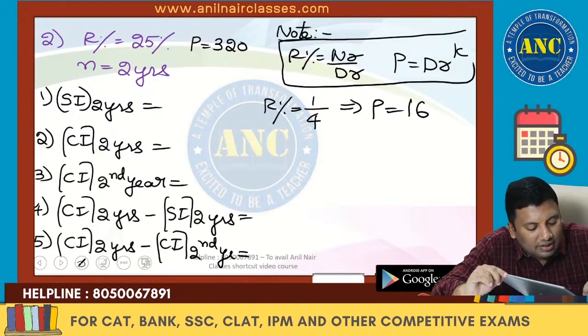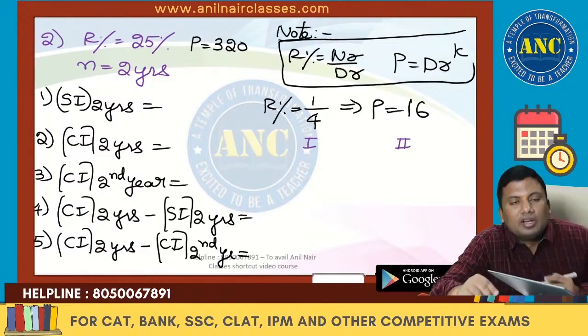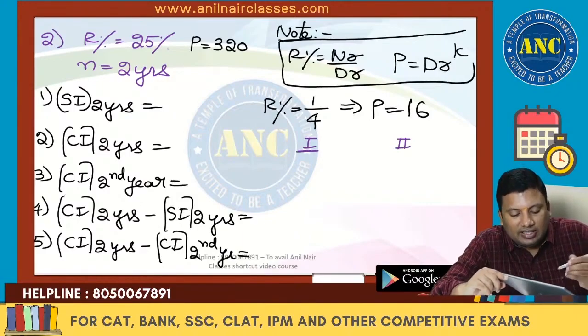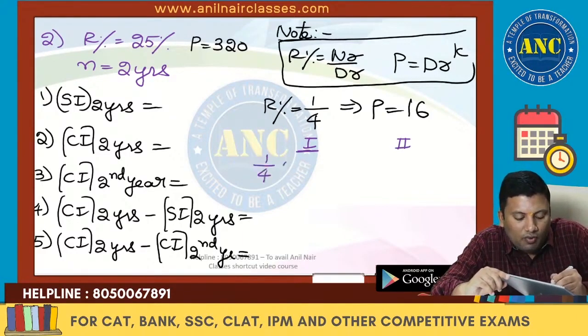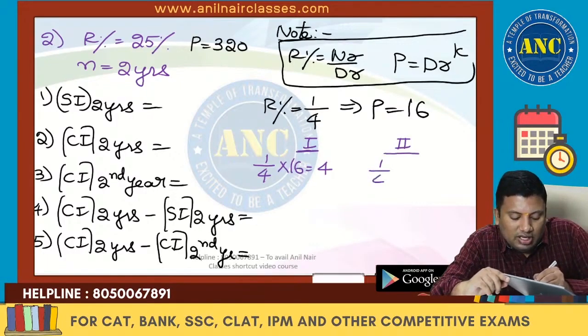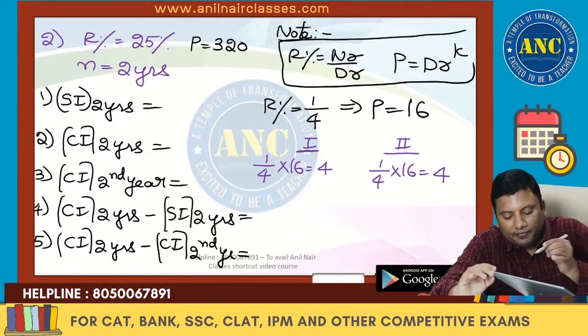Listen carefully, sir. This is the first year and this is the second year. Interest remains the same for the first year and second year. So it is 1/4 of 16, which is 4, which is SI. Second year also, 1/4 of 16, which is 4.